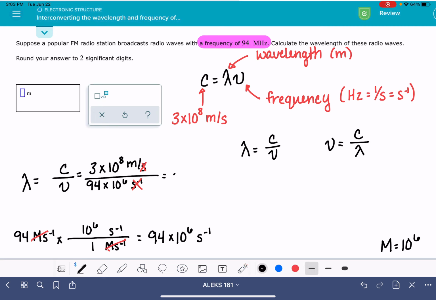And I'm getting an answer of 3.19149. We'll just stop right there. The units are meters. ALEKS wants this to 2 significant figures, which means I can only keep these digits right here. The 9 means I need to round this up to a 2, so this is going to be 3.2 for my answer.